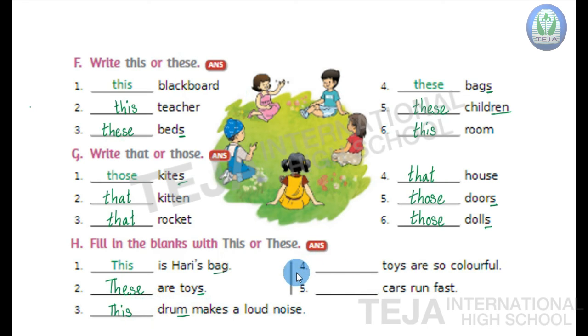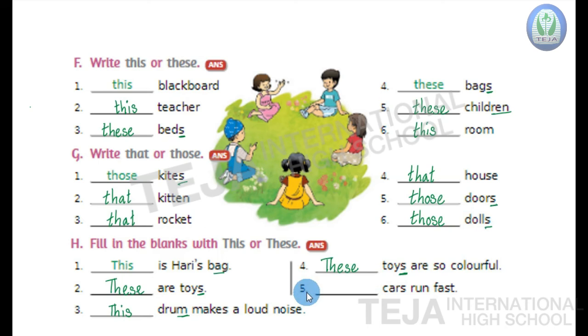Fourth question, children, dash toys are so colorful. Here toys, S is there. So that is more than one is there. So we use the word these. These toys are so colorful.